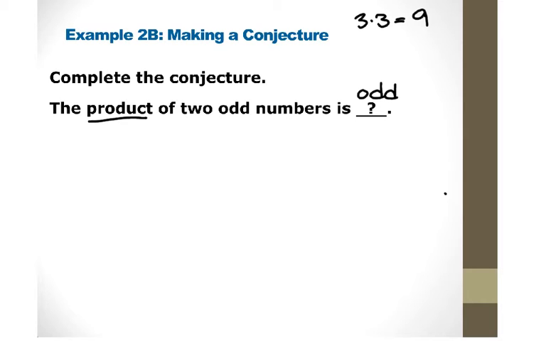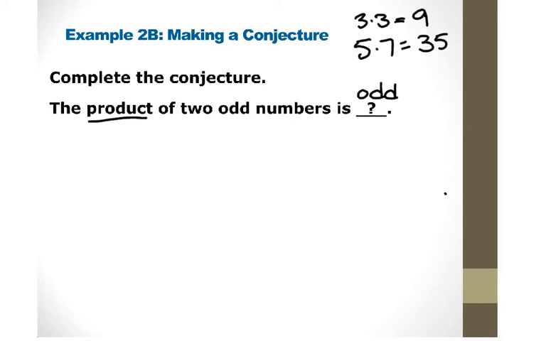All right, let's try another one. How about 5 times 7? Those are two odd numbers that equal another odd number? Well, those are specific cases. That's not going to show that this conjecture is true for all cases.